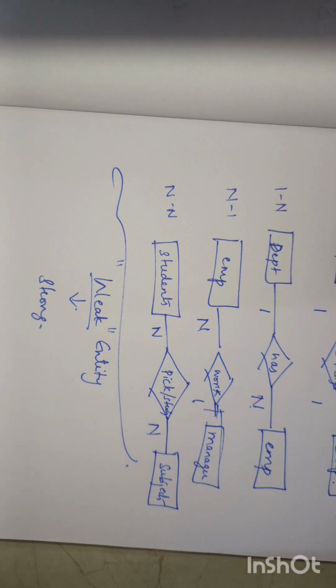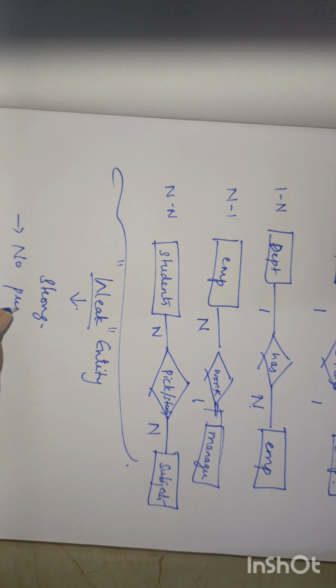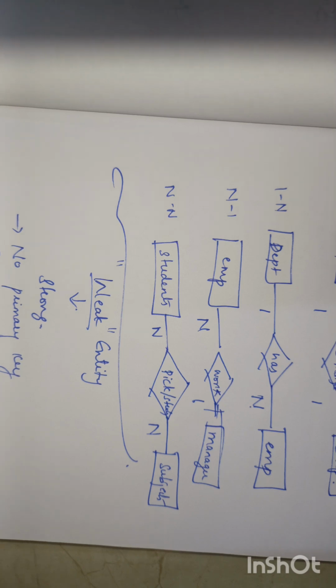It does not have a primary key of its own. There is a dependency factor: it depends on a stronger entity.